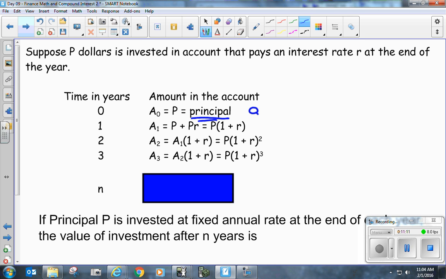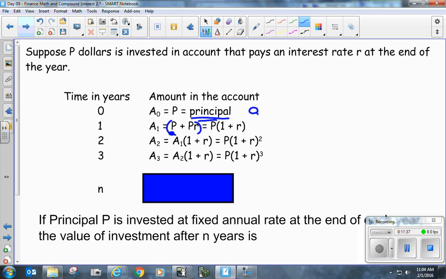After year 1, they take your principal, which is your A value, and they add P times R. Basically, I take your principal, figure out the rate of that principal, and add it. So if you have $100, I'll give you 10%. You take your $100, figure out what's 10% of 100, and add them together.